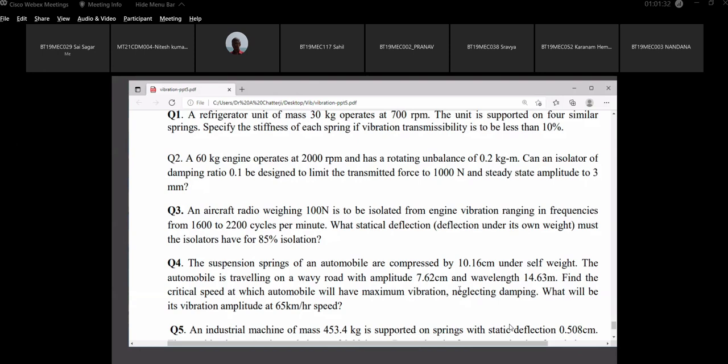Sir, if you are getting two possible frequency ratios, then which one do we have to consider? No, why should you have two possible frequency ratios? Since natural frequency is one, how can you get two natural frequencies?